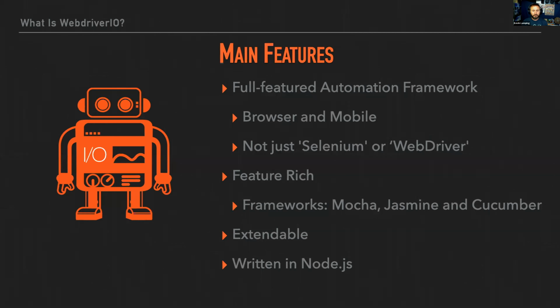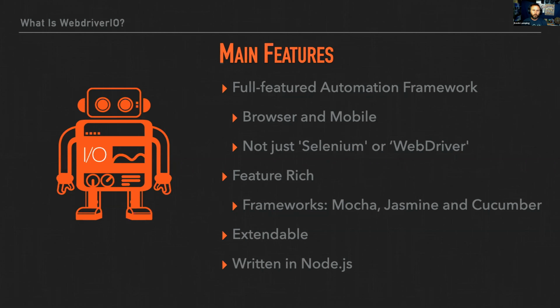One of those parts of the full featured nature is for the browser and mobile. You can run both browser tests and mobile tests. You can kind of mix and match them, but that's a little bit more technical than I want to get into. Also, most recently, even though the name is WebdriverIO, it's not just Selenium or WebDriver. Those are amazing tools, and David's going to give a great talk about the future of WebDriver in the future.